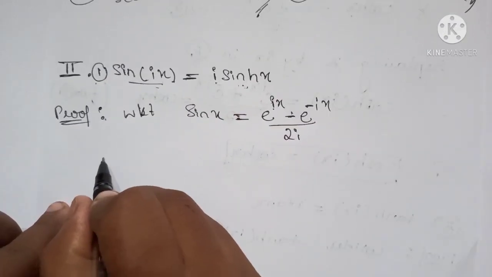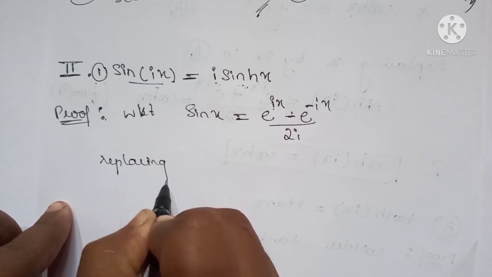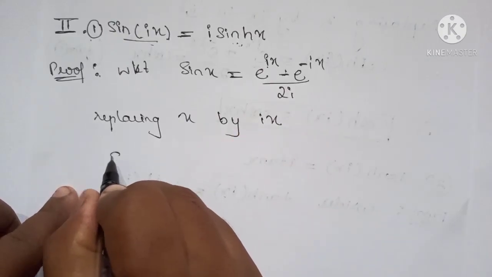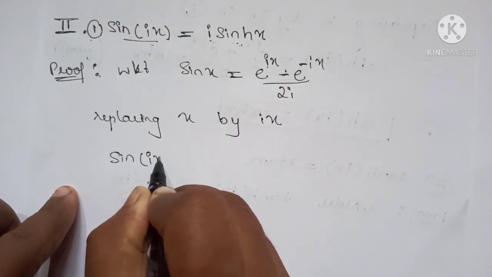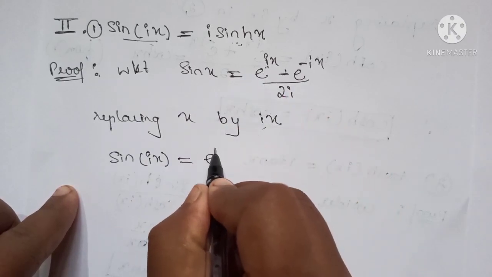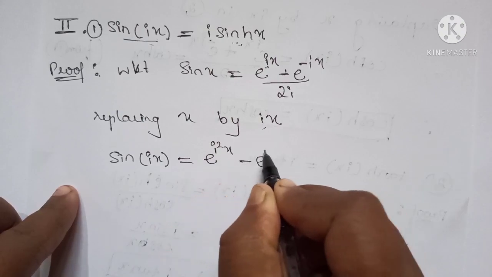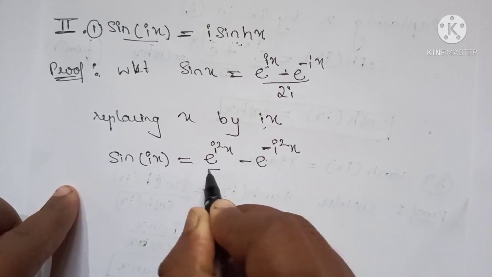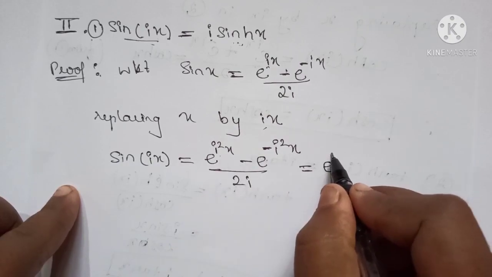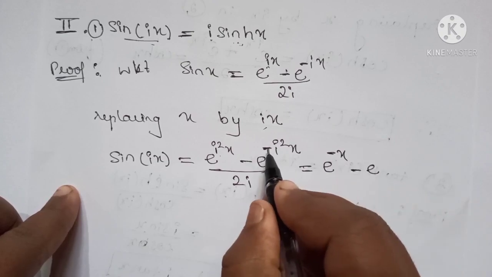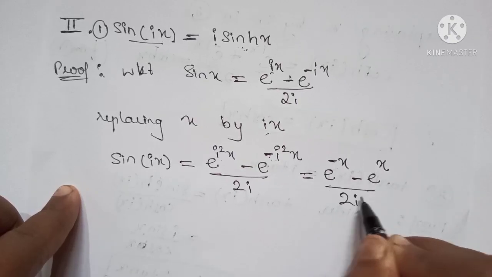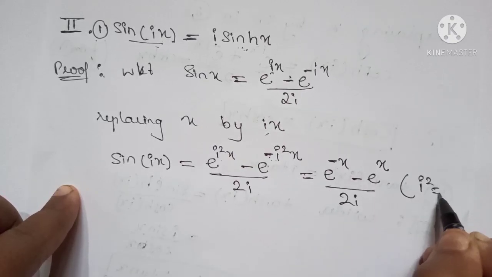Replacing x by ix, we get sin ix is equal to e raised to i into i, that is i square x, minus e raised to minus i square x, divided by 2i. e raised to i square, the value of i square is minus 1, therefore we get e raised to minus x minus e raised to, already minus is there, minus into minus plus, we get x, divided by 2i.